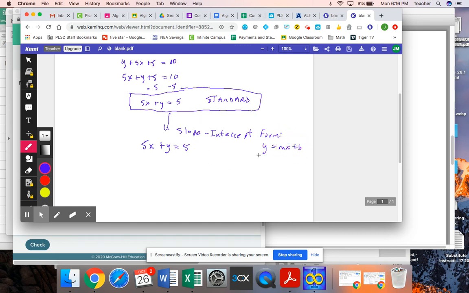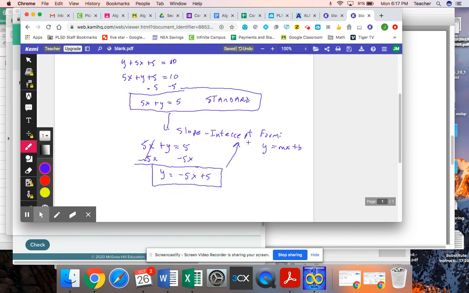So I need y by itself and then x on the other side with a number in front of it. Oh, y is almost by itself. Let me get rid of this 5x by subtracting it from both sides. When that's gone, I'll see that y is equal to, and I'm going to write the x piece first, negative 5x plus 5. Now that is slope-intercept form.